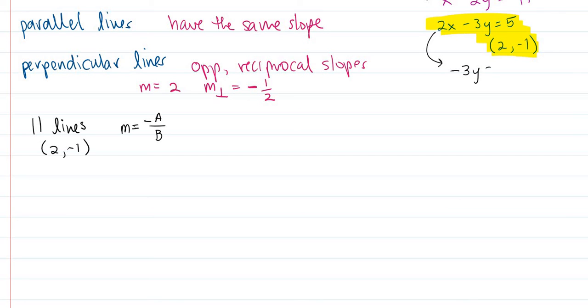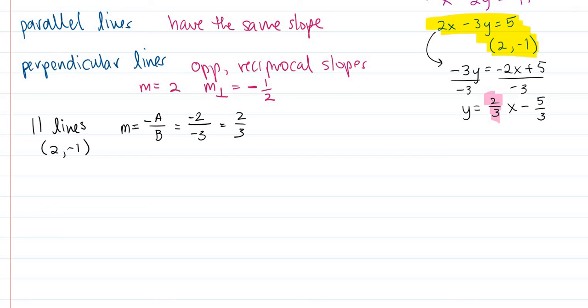So we'd have -3y equals -2x plus 5. And then we would divide by -3, and we would have y equals positive 2/3 x minus 5/3. Oh, hey, look, 2/3 is our slope. Or if we just did -a over b, well, -a would be -2, b is -3. Oh, look, positive 2/3. Either way you want to find the slope is fine.